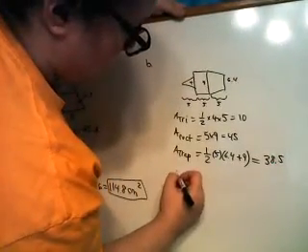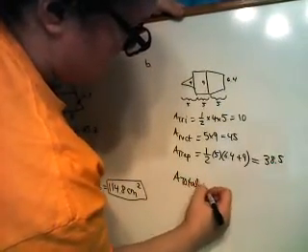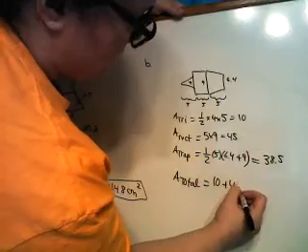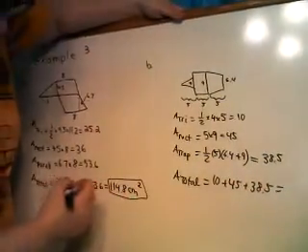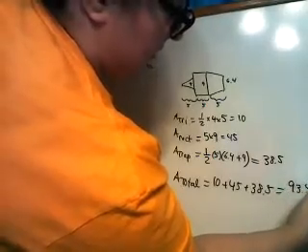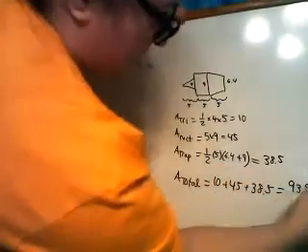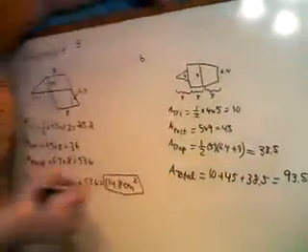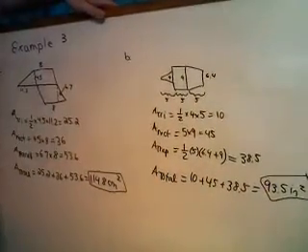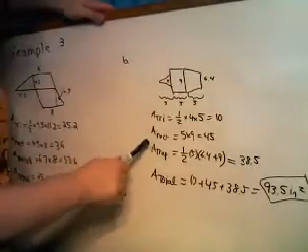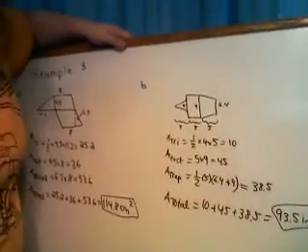To do the total, you're going to do 10, 45, 38.5, and just add them all up. So 93.5 inches squared on that one. I'll let you take a look at that one. Again, I did the triangle, rectangle, trapezoid.